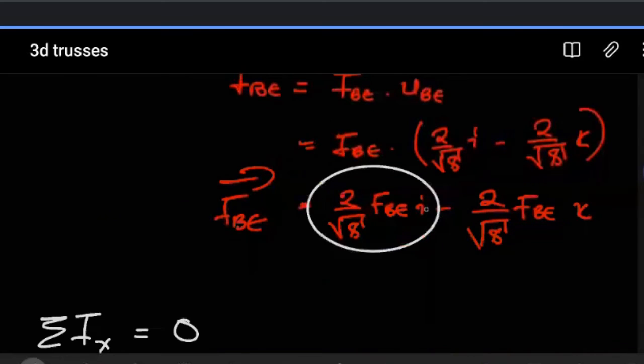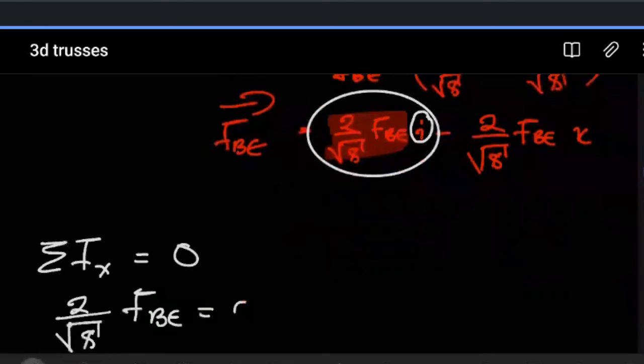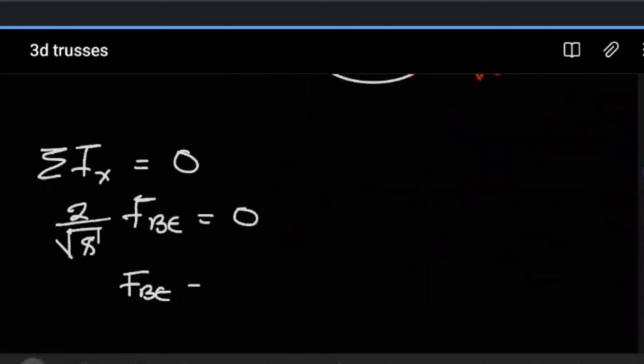So this one has an x component, and the x component will be this part here. So for this one, we're only going to have 2 over root 8 FBE as the only x component, so it becomes the only thing equal to 0. And again, you see that FBE becomes equal to 0 straight from the beginning.